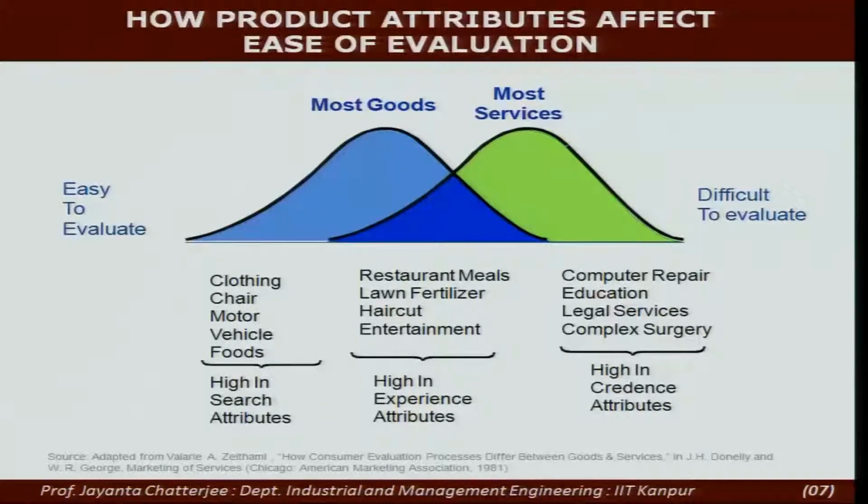This is a diagram that lists different kinds of services and puts them on these three types of attributes. And as you can see, on the very left, we have mostly products, goods, tangibles like clothing, a chair, a car, or food.